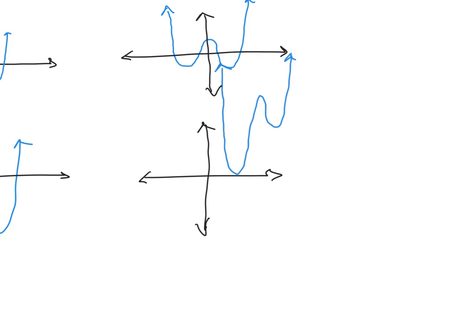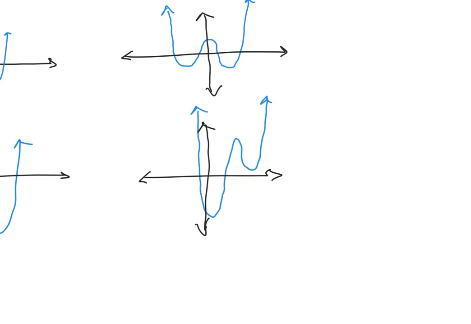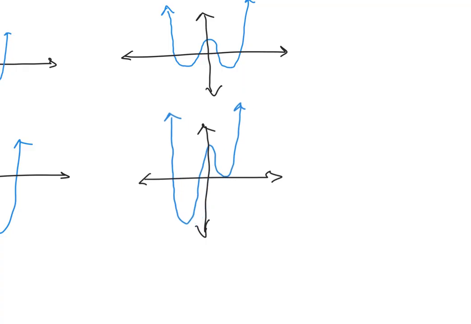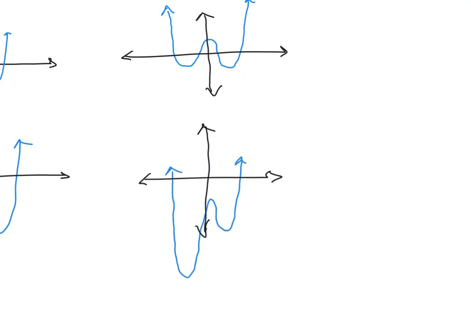It's possible to have 1 x-intercept. It's possible to have 2. It's possible to have 3. It's possible to have 4. And then we're back to either 3 or 2.